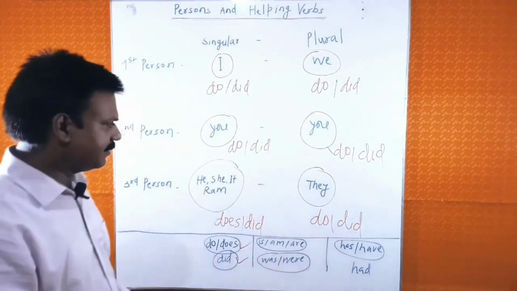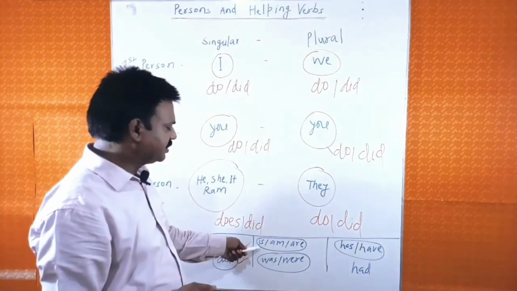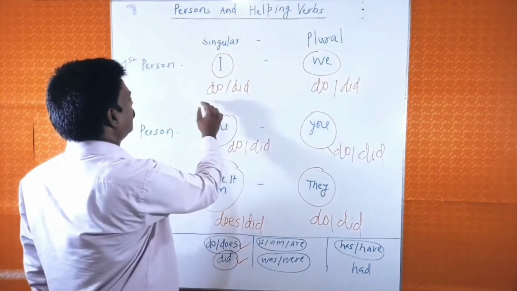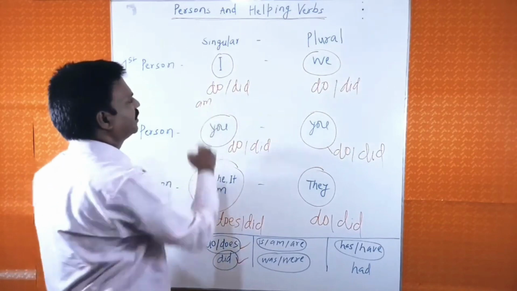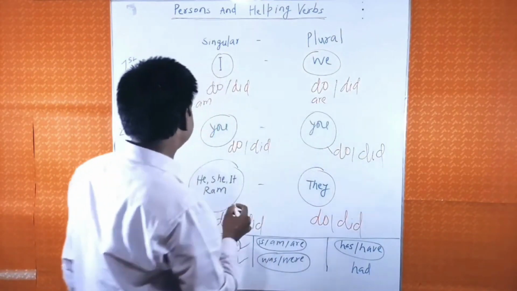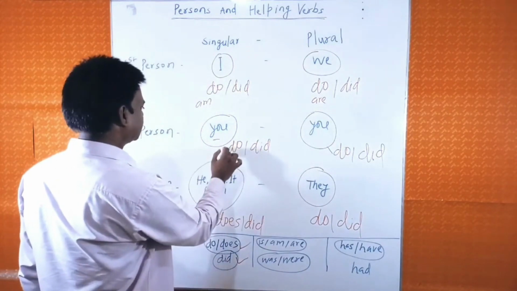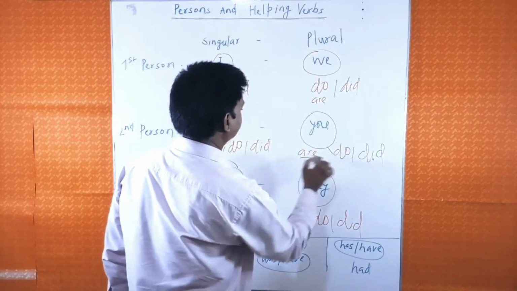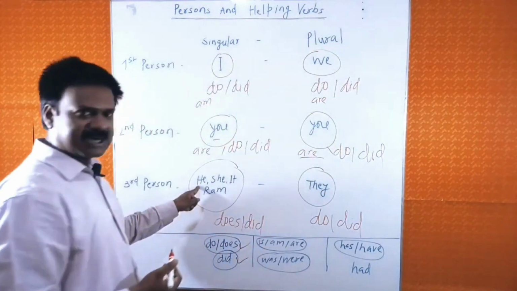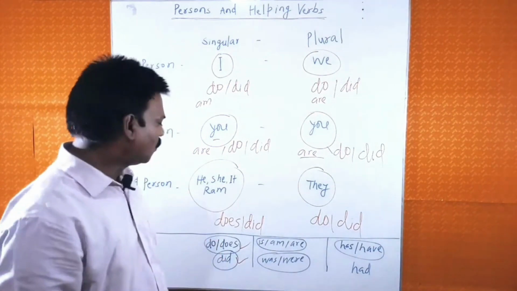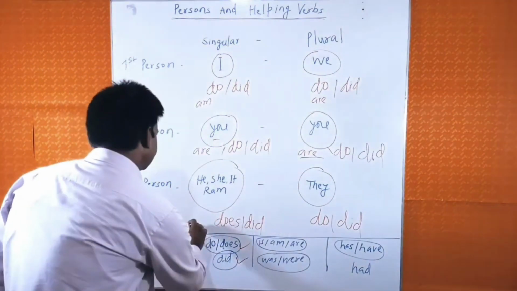Then later we have where we use is, am, are. As we know, with I we always use am. With we use are. With you in both conditions we use are, whether singular or plural. Third person singular number he, she, it or any name always takes is.